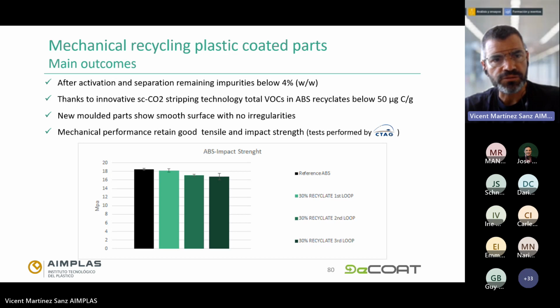According to the results from our colleagues in the CETAC laboratories, they obtained different test specimens in order to compare the mechanical performance.